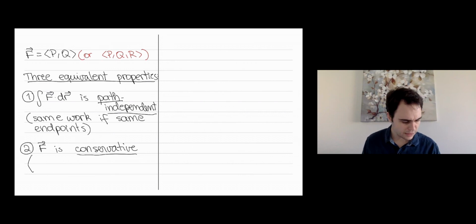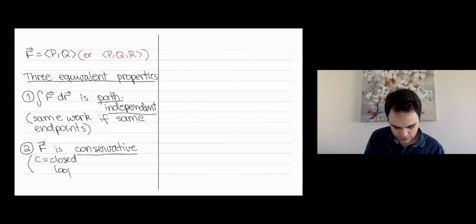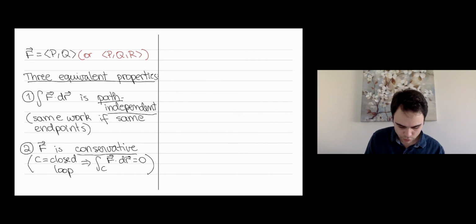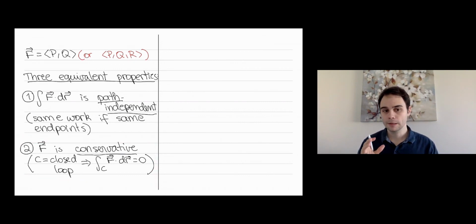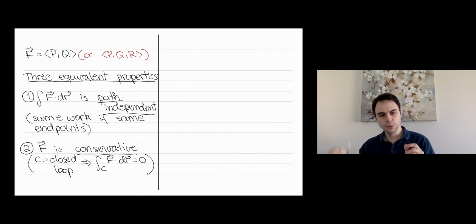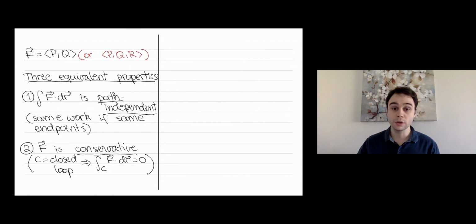Conservative means that if I have a closed loop, then the integral of my vector field over that loop is always going to be 0. So in property number 2, we're talking about vector fields such that if I give you a closed loop and I compute the work of that vector field around the closed loop, I'm always going to get 0.